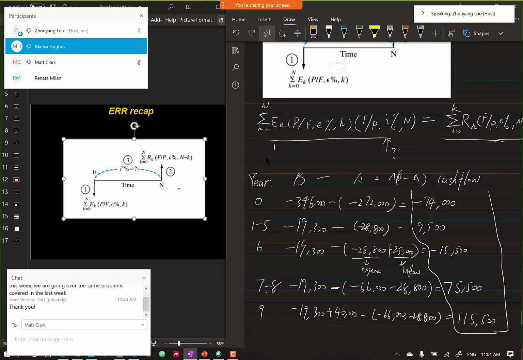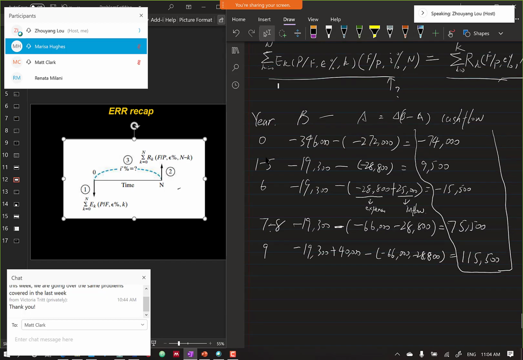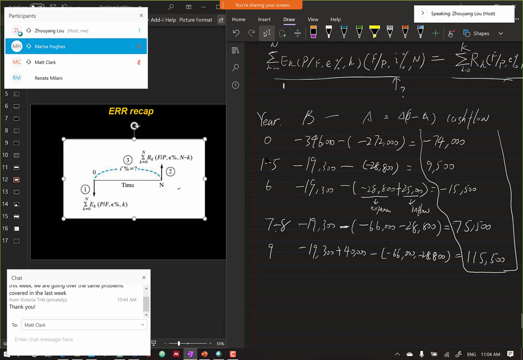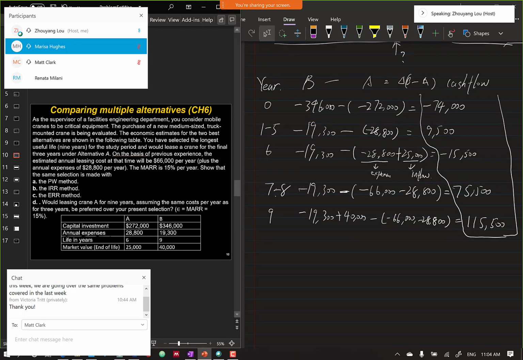So we're still going to use this information, but with a different procedure from now. Let me bring up the problem. Okay, so what we want to get is the net expenses part.